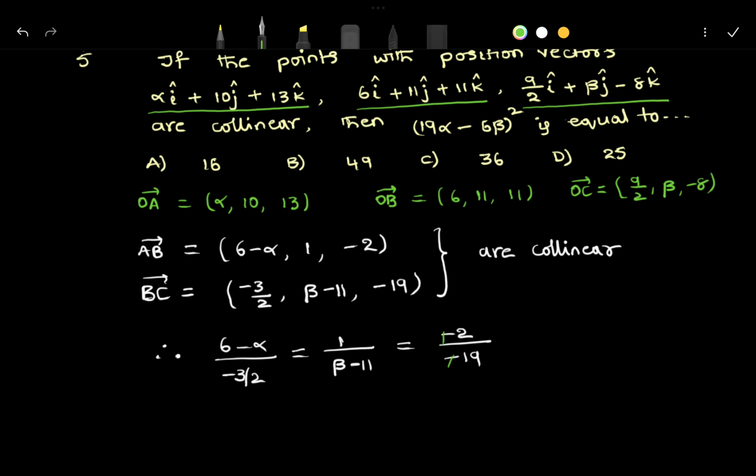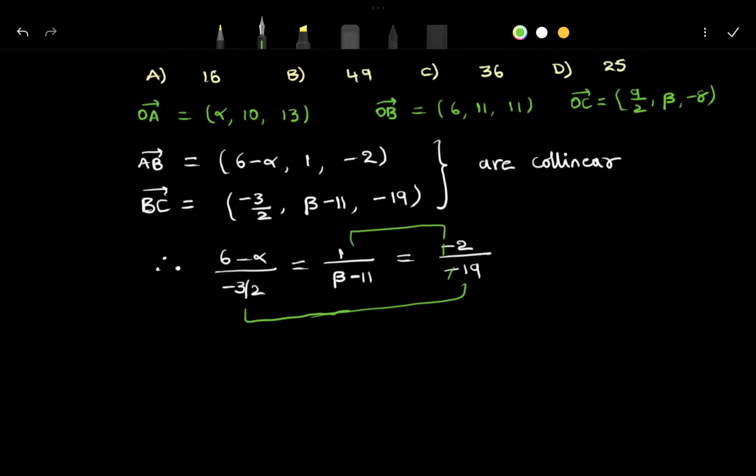Now how do we simplify this? By equating the first and last ratio, and the second and last ratio. Equating the first and last, (6 minus alpha) by (minus 3 by 2) is equal to 2 by 19.